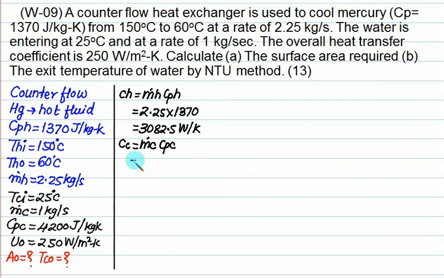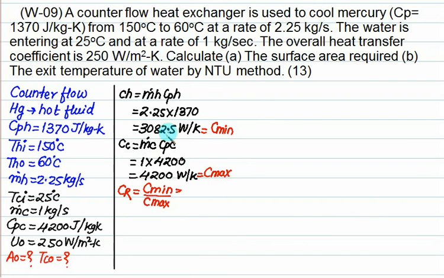M dot C is 1, CPC is 4200. So out of these two, CH and CC, CH is the minimum. So what is CR? CR is C minimum by C max, 3082 divided by 4200.